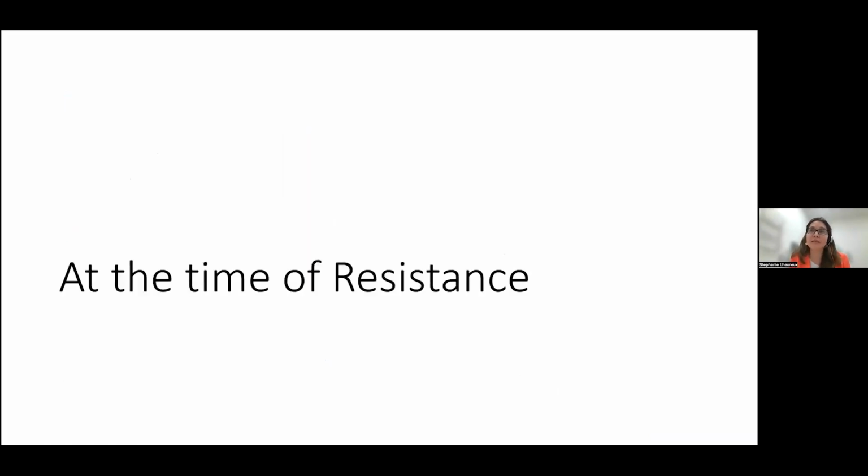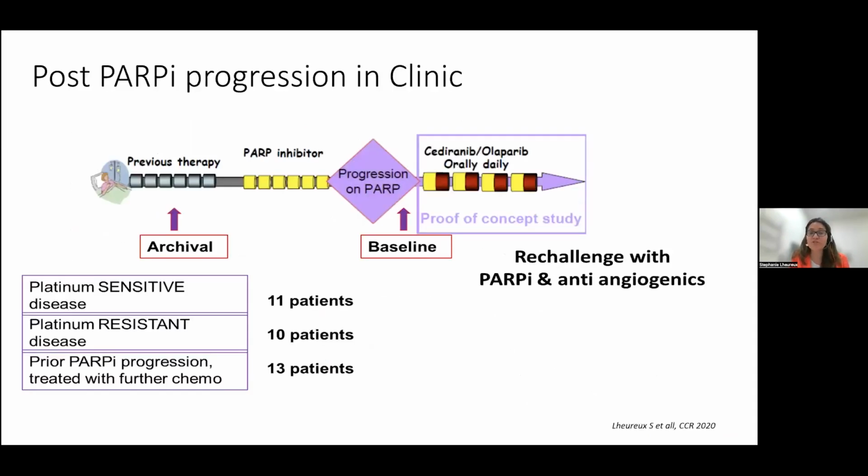So if the patient begins to have resistance to treatment, what will we do? That is currently a lot of investigation and effort. This is just a small example of patients who progressed in clinic on PARP inhibitor treatment.